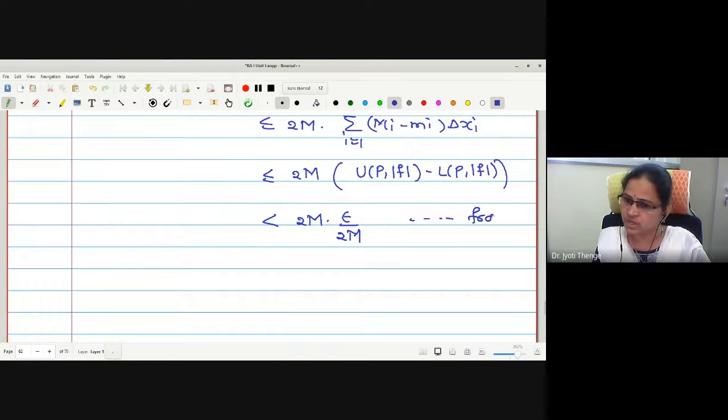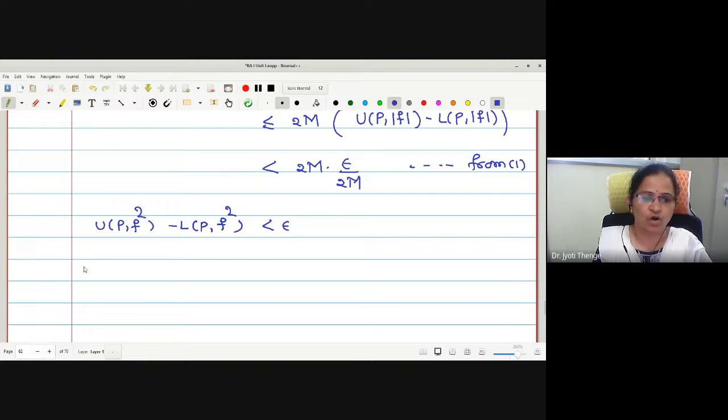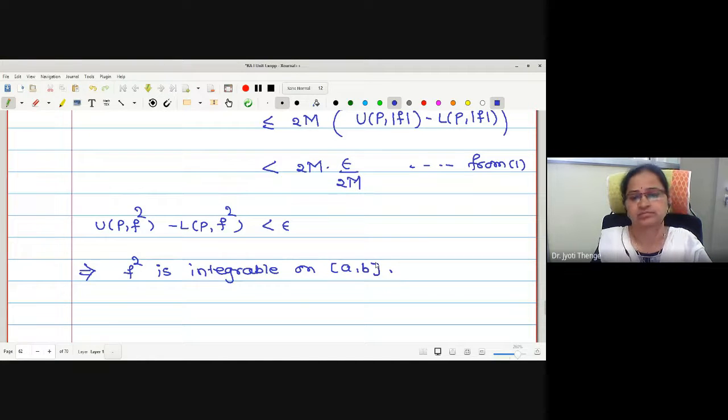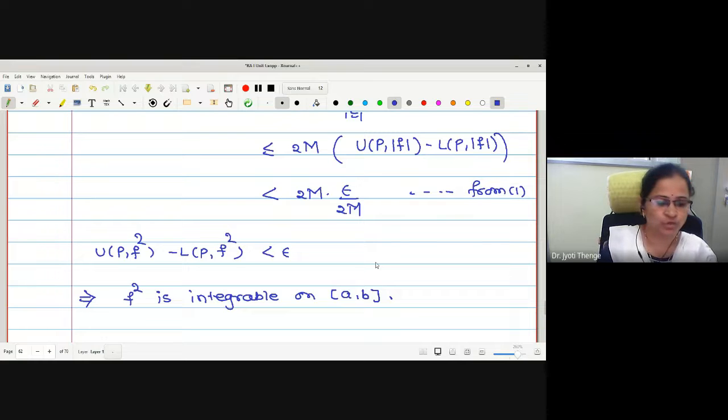The reason is statement number 1. What we have proved, UP of f square minus LP of f square is less than epsilon, which proves that the function f square is integrable on closed interval a to b. Yes, this is the proof we have done.